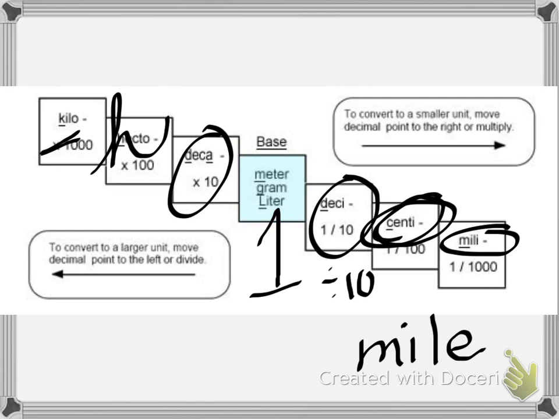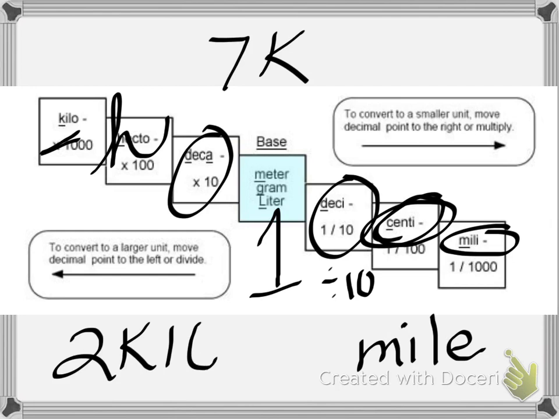Lots of times we see things like a 7K run for a 7,000 meter run. And one thing that you see today also is, for instance, 2K16, which is 2016, which is our year. So K means 1,000. That's a way to help remember it. Okay. So that's one way to do it. We'll work with the actual conversion factors another time.